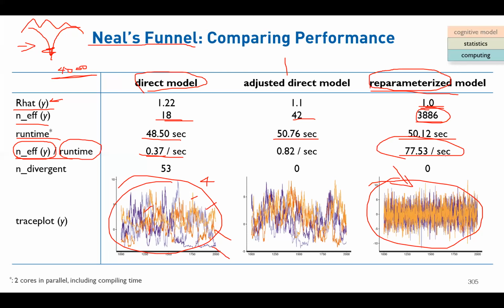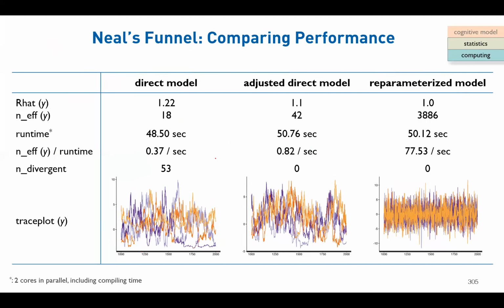For this one, within 1 second, we have around 80 effective samples, okay? This is the rough idea about how well or how poorly they perform relative to one another. So this is really bad. This is very good.